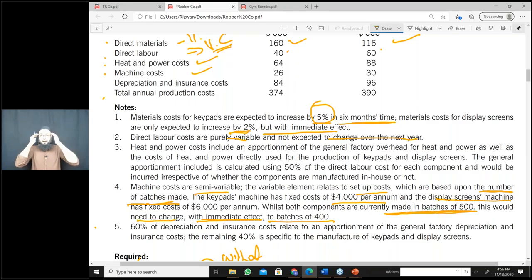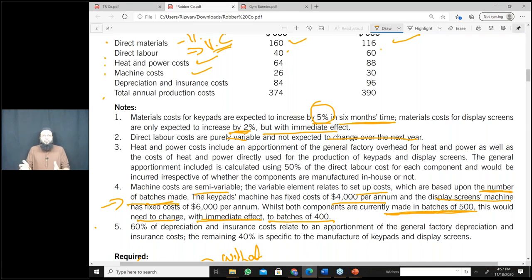Okay. Now here you need to just understand the impact of this on your variable cost. Should your variable cost change? Yes. Why? Because your variable cost is dependent here on the number of batches made, as it's written here. Okay. So if your current batch size is 500 units and now your batch size will be 400 units, which means if your batch size changes, so your number of batches will change, obviously, right?